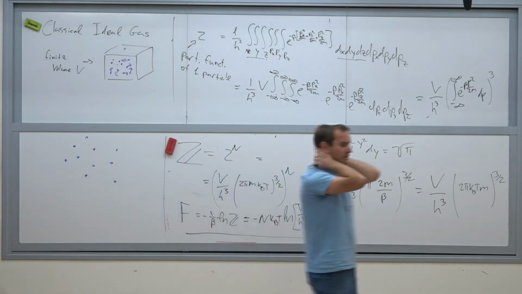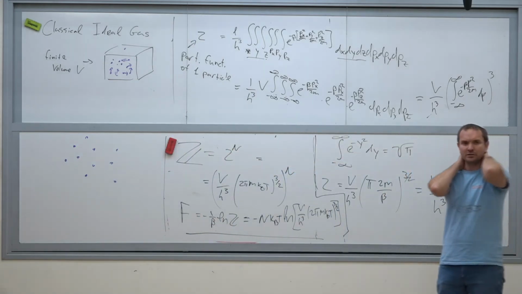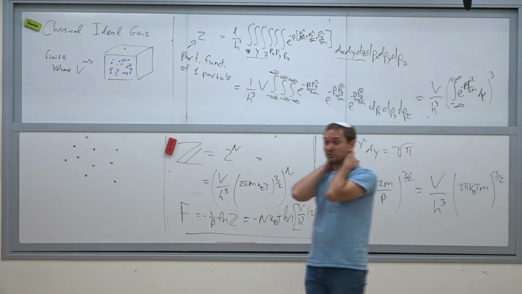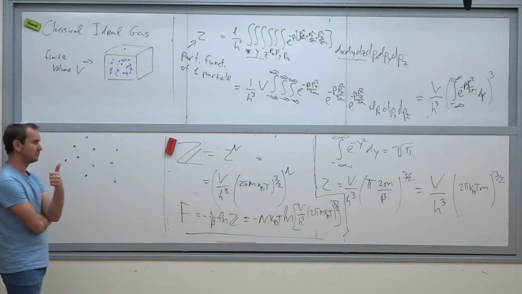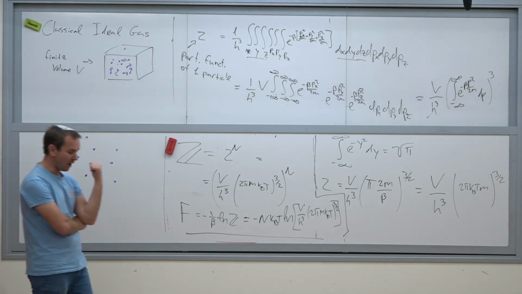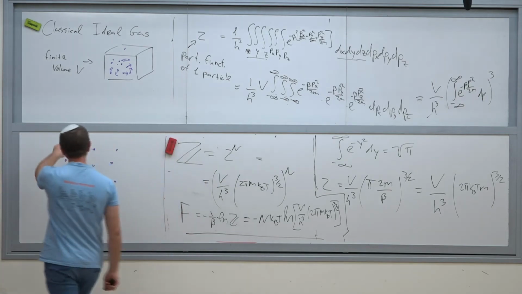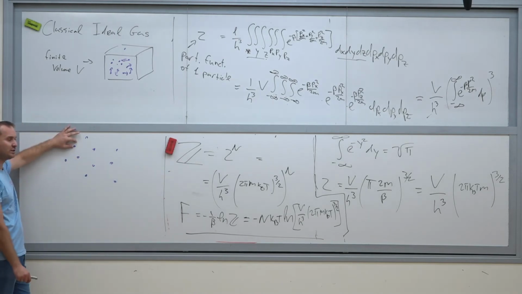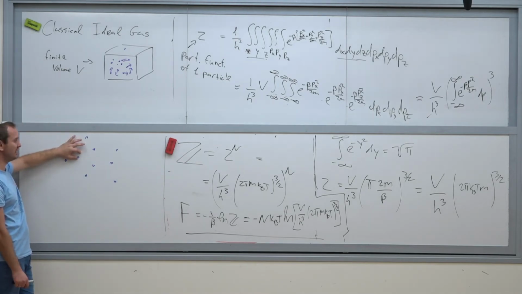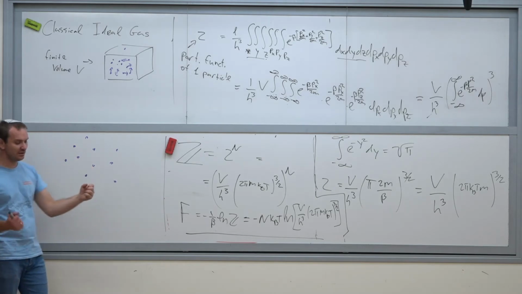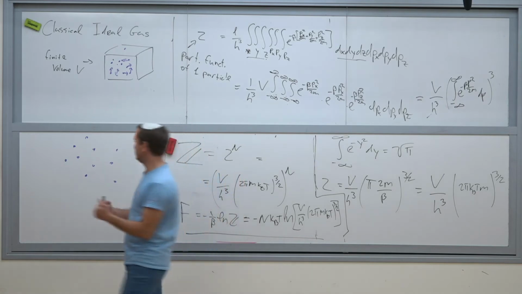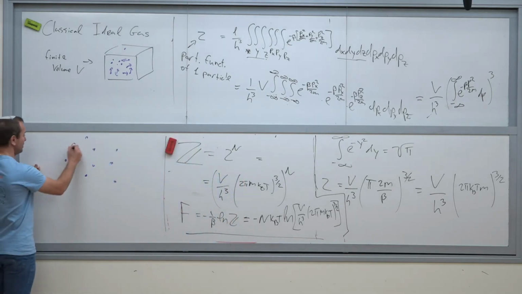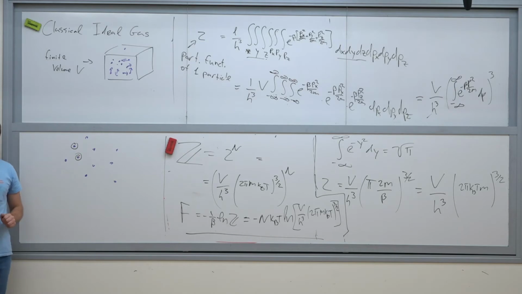What if this is not the case? What if the different permutations of all the different particles produce only one single state? I cannot just multiply the number of states of this guy by the number of states of that guy, because if they are indistinguishable, when I perform a permutation of this one with this one, nothing happens, because all the particles are the same.